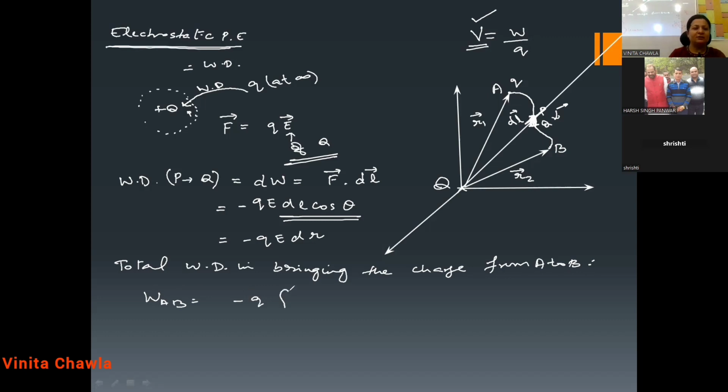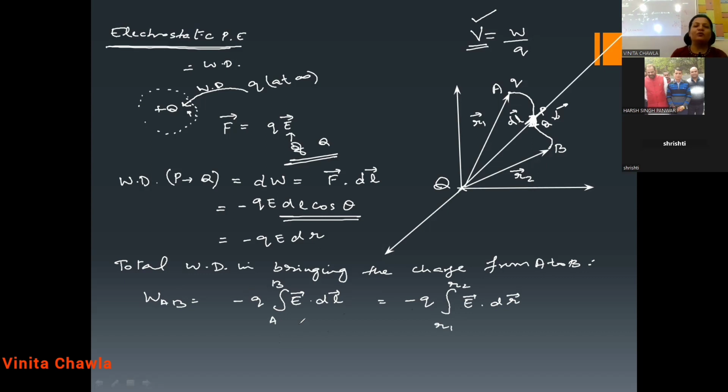Minus Q outside, in the bracket we'll write A to B vector E dot dl. Or we can write minus Q, if we want to write in terms of R1 and R2, then we'll consider E dot dr.